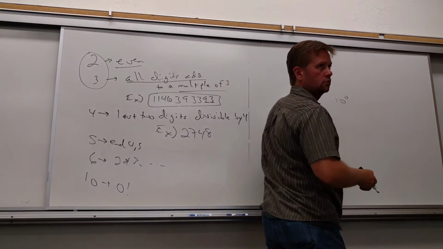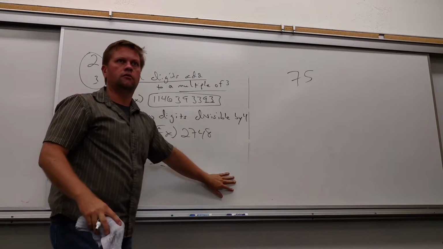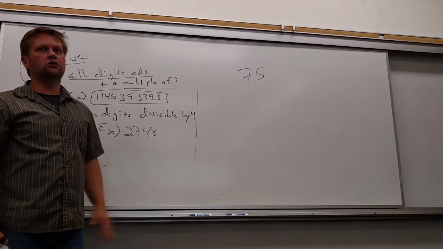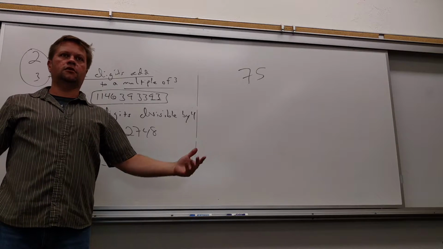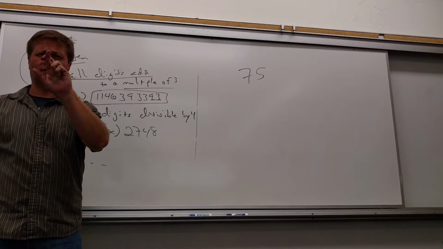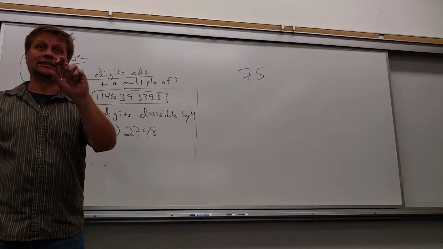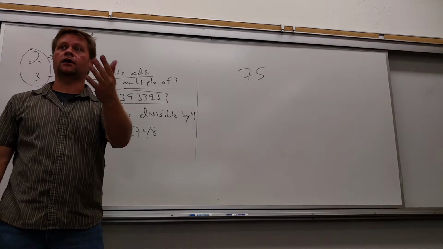What's the number? 75. Well, all right, does 2 go into it? No, it's not even. Does 3 go into it? Yes, because 7 plus 5 is 12, which is a multiple of 3. Do you guys see that?